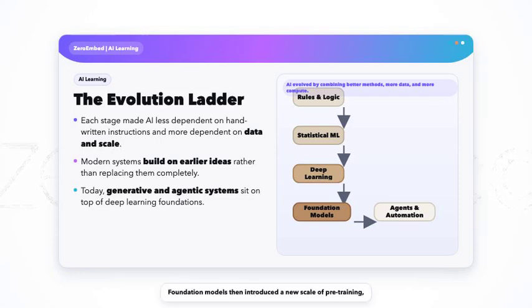Foundation models then introduced a new scale of pre-training, where a single model could learn broad capabilities before being adapted to many downstream tasks. And now we are seeing agentic systems, which combine models with tools, memory, workflows, and decision loops to take multi-step action.